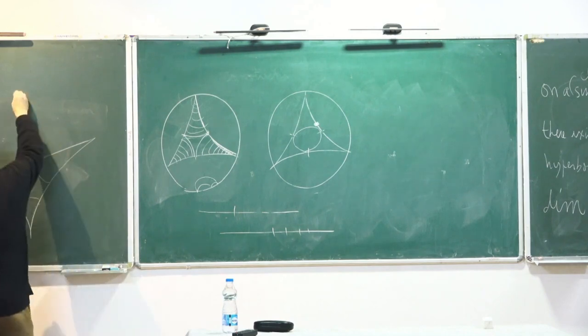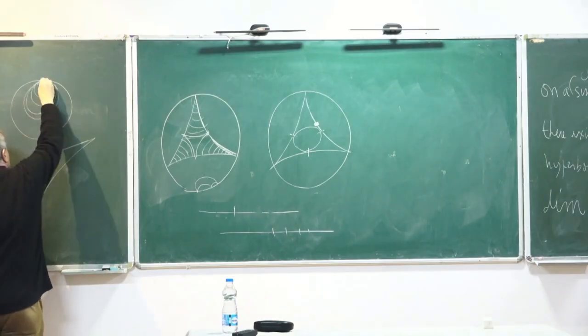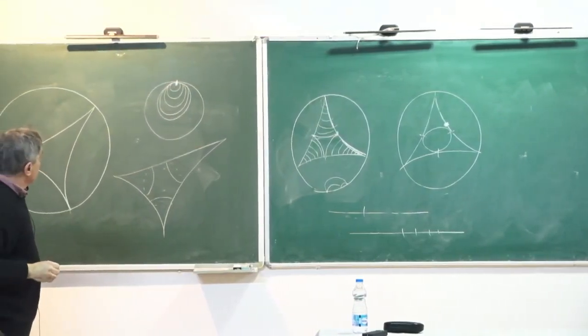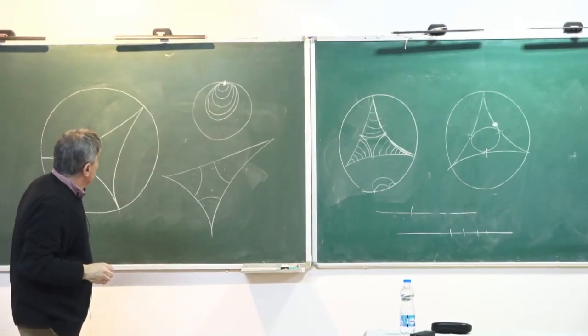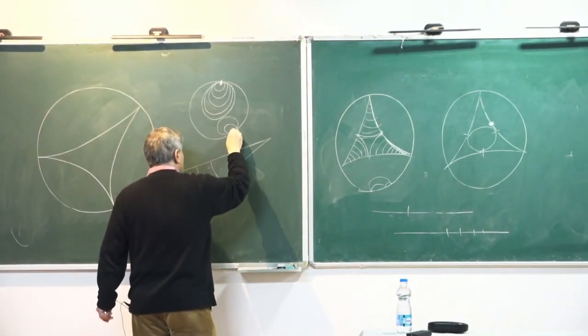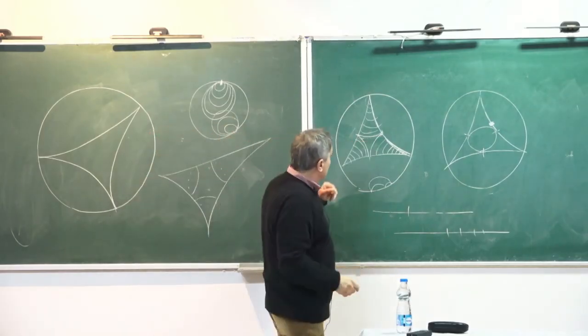So I recall that the horocycles in the hyperbolic plane are these circles touching this point at infinity, and at each point I have a family of horocycles. This is called a foliation.